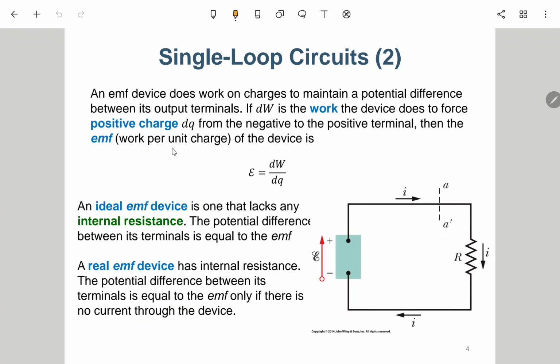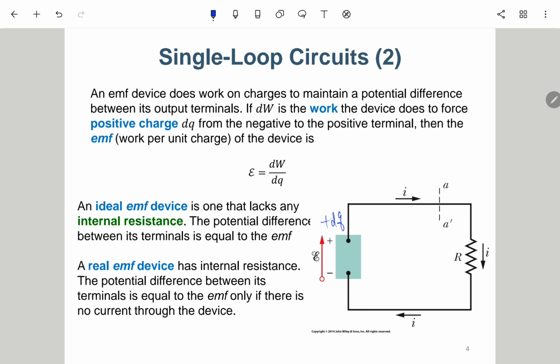It also tries to analyze it from the point of view of power or energy. It says if dW is the work the device does to force positive charge dq from the negative to the positive terminal, then the EMF of this device is this. Here we have a battery or an EMF, so it will have work done on the dq.